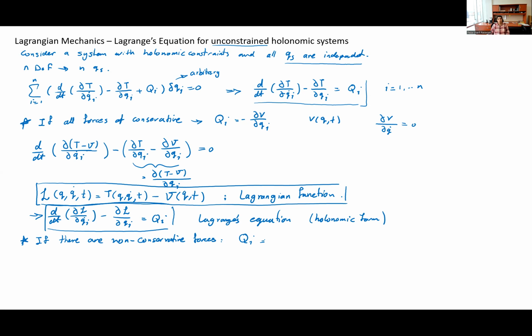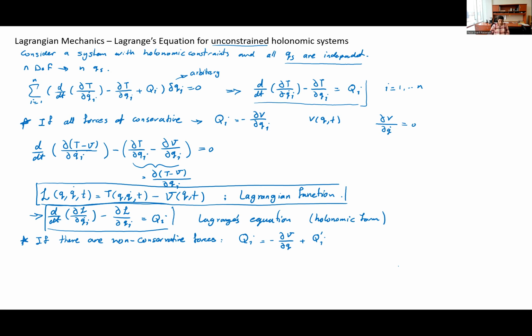So my total force is the summation of the two. The conservative part is going to be the same as before, and I'll have some Q prime i, other generalized forces only because of the non-conservative forces.